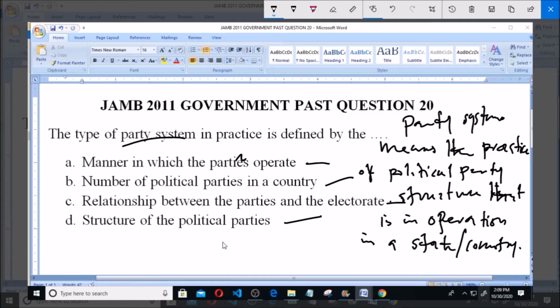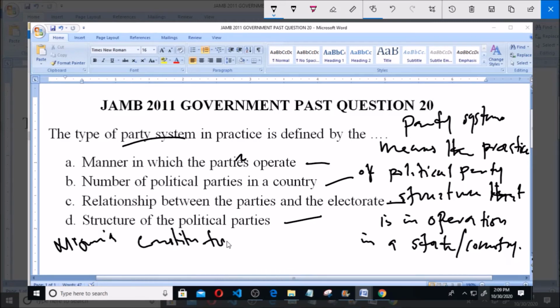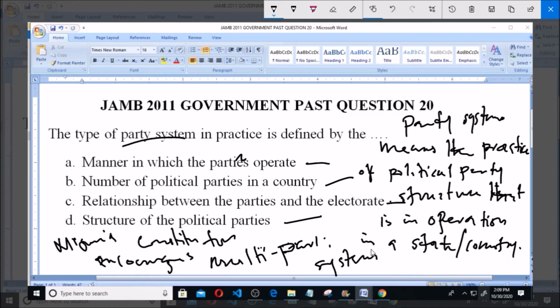And that's why, for instance, the Nigerian constitution encourages a party system.